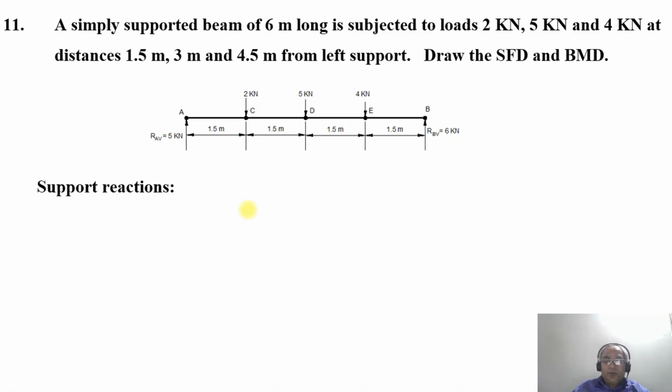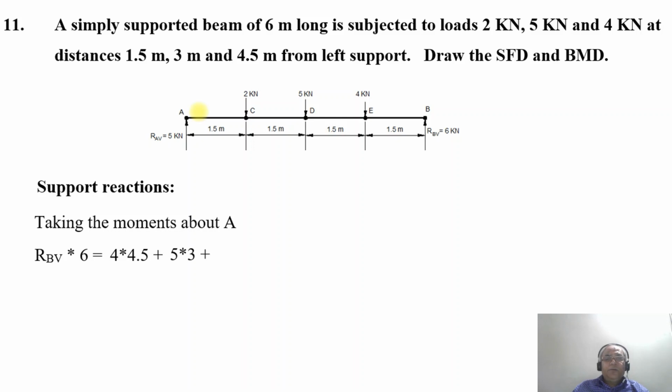So we're going to take the moment about the point A. Taking the moment about the point A, we have RBV into 6 in the counterclockwise direction, and the sum of the counterclockwise moments will be equal to the sum of the clockwise moments. So RBV into 6 will be equal to 2 into 1.5 plus 5 into 3 plus 4 into 4.5, that is, load into the perpendicular distance. On simplification, we get RBV as 6 kilonewton.